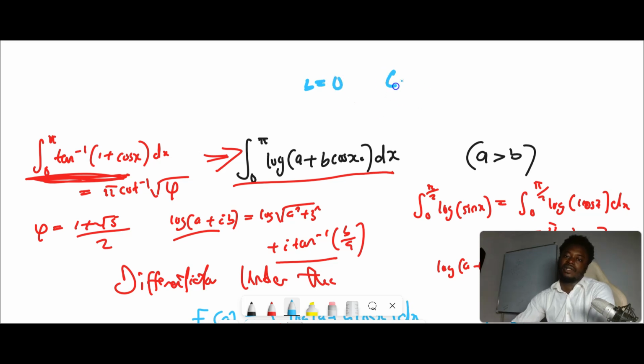That means your c would be the integral from 0 to pi of log a, which is going to be pi log a.